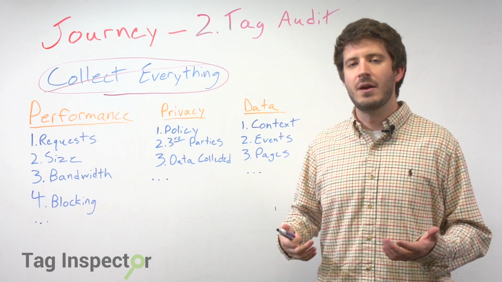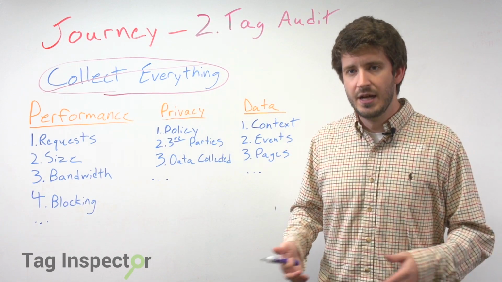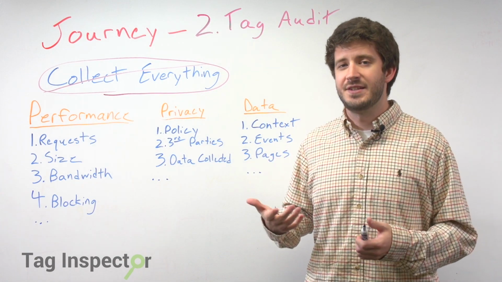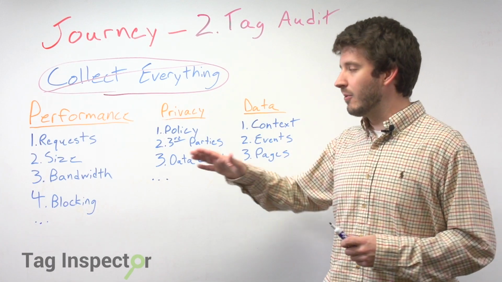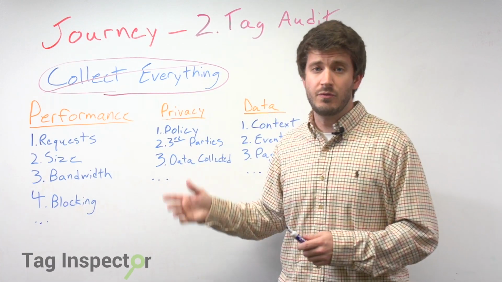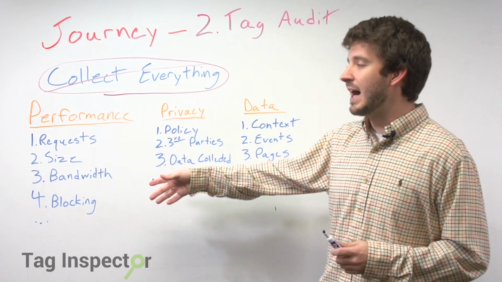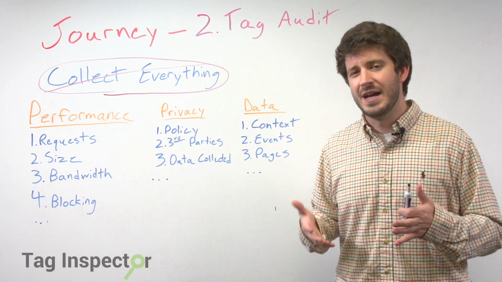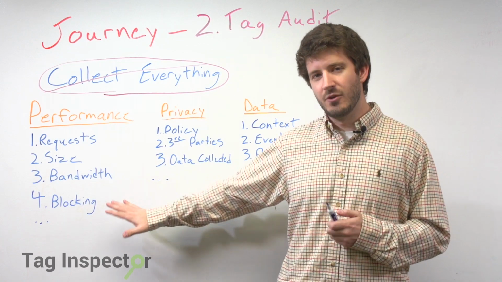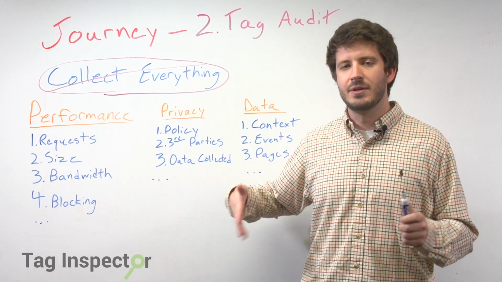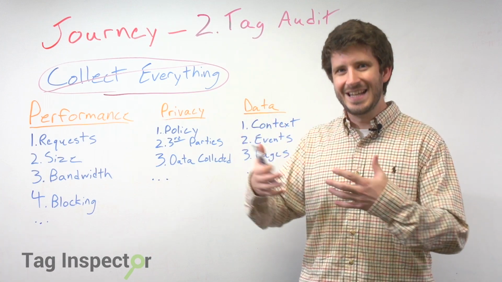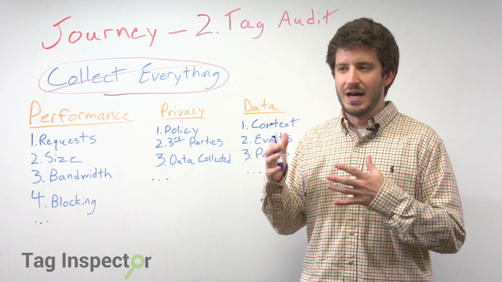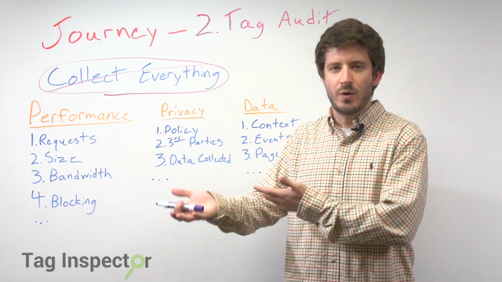So what does bandwidth for our users look like? Are most of our users accessing the site with a mobile device? That's going to completely change how we think about the tag architecture moving forward. As well as blocking: are tags on your website blocking? In most cases they're not, but are they potentially blocking content from loading and blocking our users from getting the information and accomplishing what they came to the website to do?